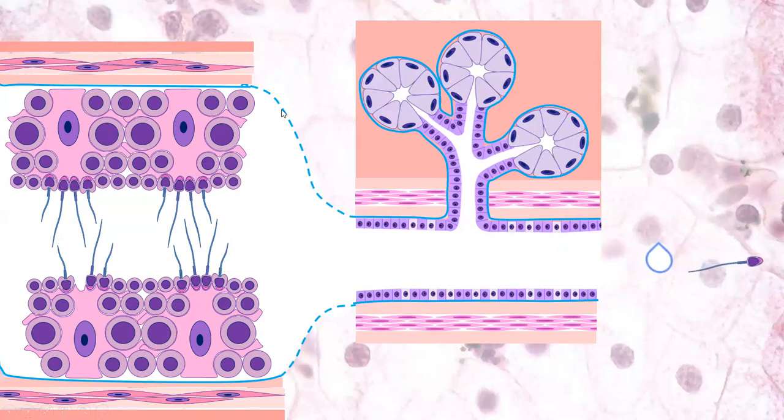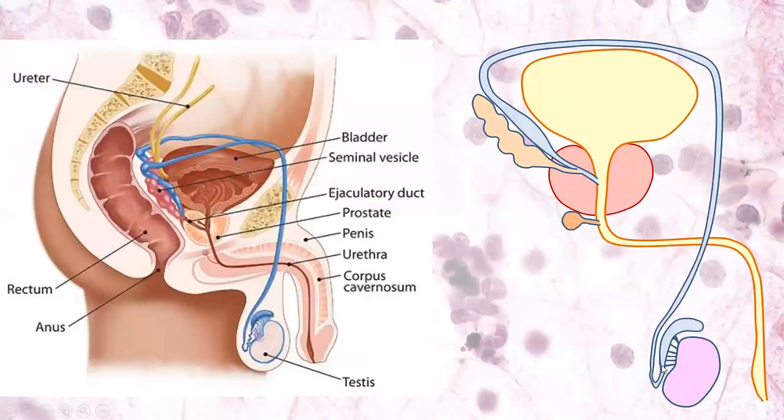And here we can see how the organs and parts of the male reproductive system are related. It's the testis which provides production of spermatozoa and also hormones. Spermatozoa are going to the epididymis, from the epididymis to ductus deferens, from ductus deferens to ductus ejaculatorius, which also receives fluid from seminal vesicles.